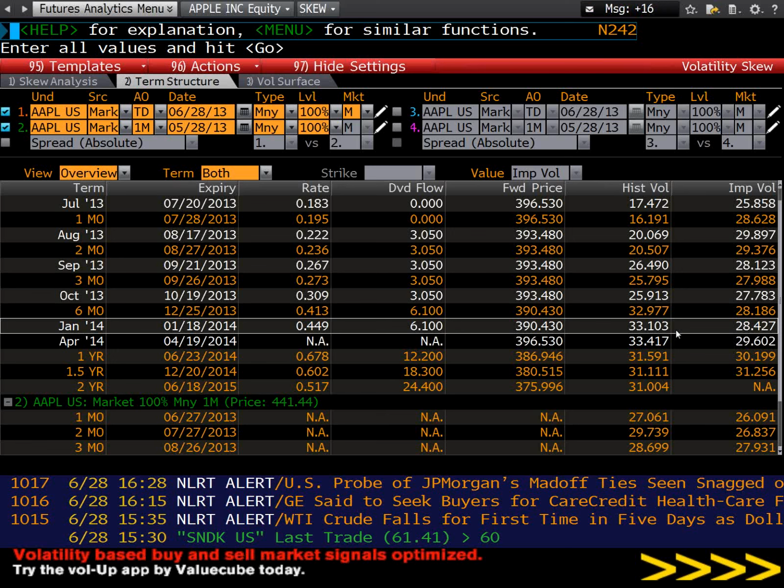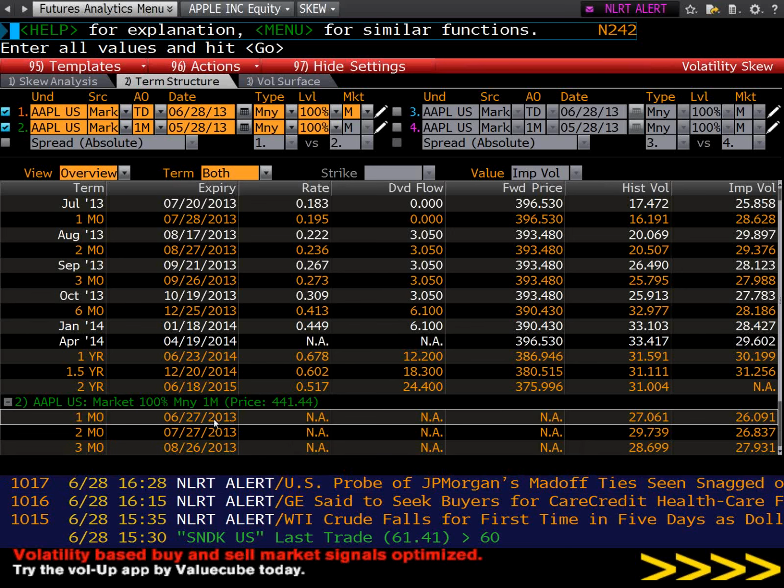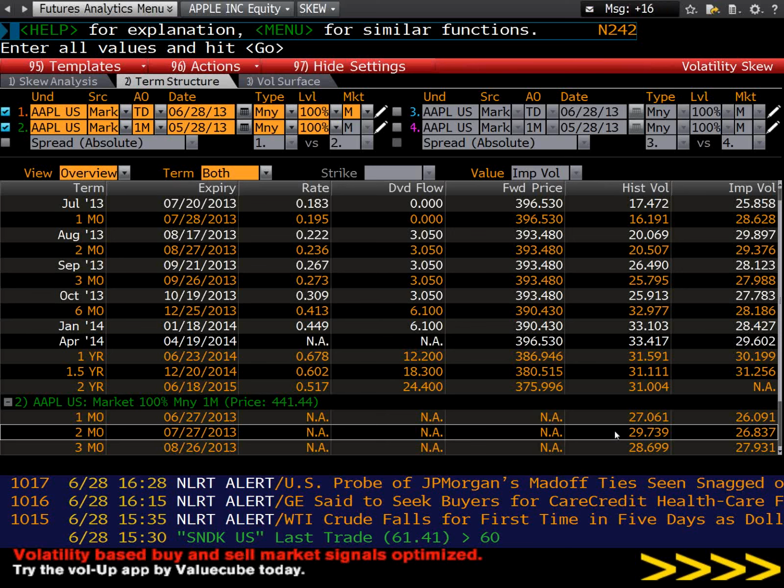So I find it useful to go back either a month or two and look at what is in fact the historical volatility if we smooth out catalysts that have occurred in the past. And this is what you see below the green line. So the 1 month, call it adjusted historical volatility, here is 27, 2 months 29, and 3 months 28.